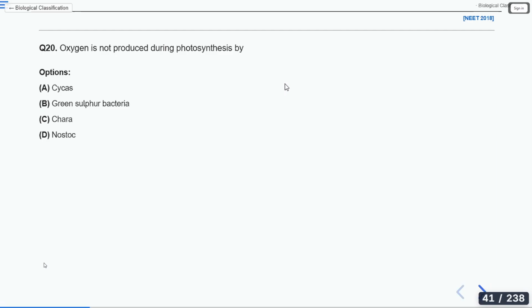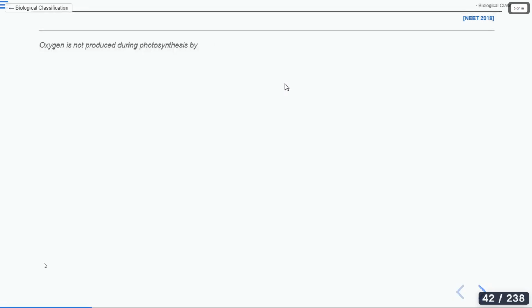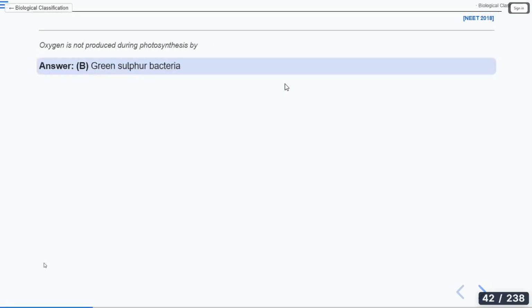Not fungi. It's a cyanobacteria, a blue-green alga. Very good. So, oxygen is not produced during photosynthesis by green sulfur bacteria. The other three algae will produce oxygen, and plants also will produce oxygen during photosynthesis.